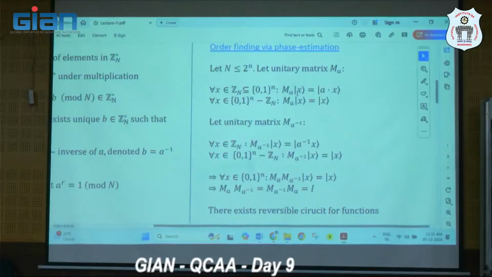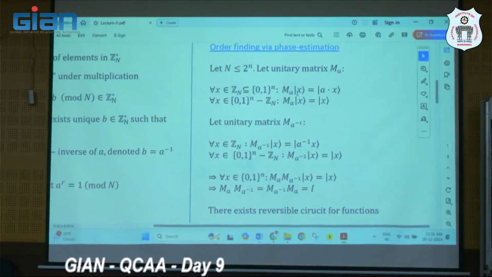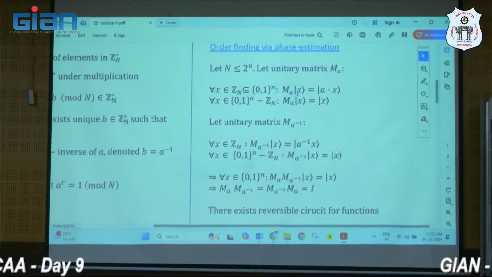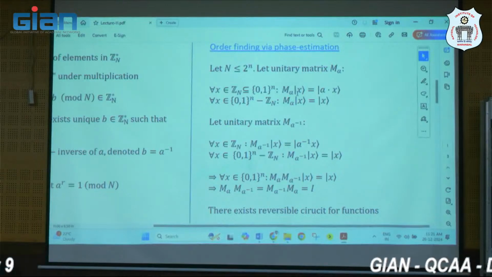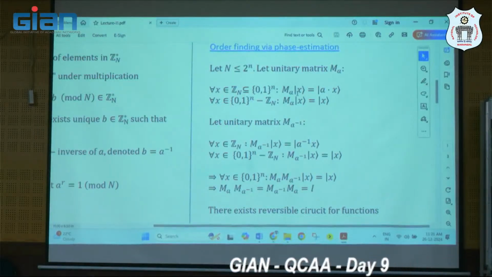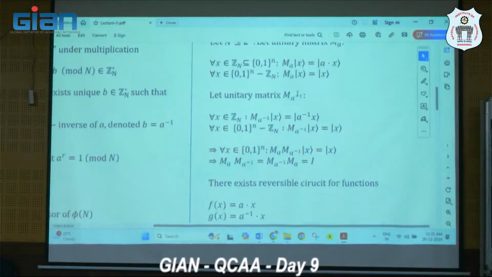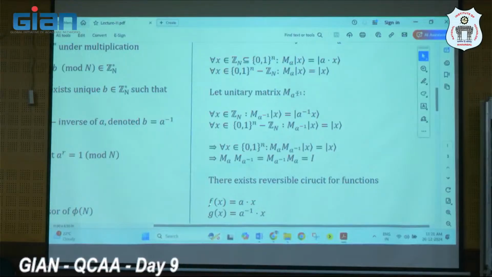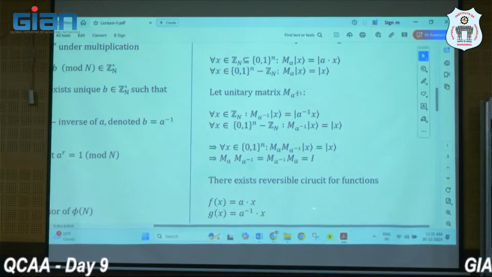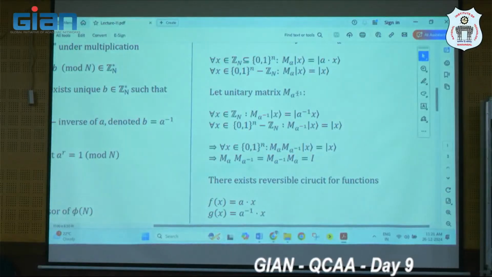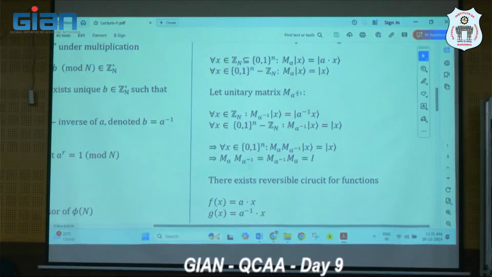Okay. Now remember our discussion about reversible circuits. What did it tell us? This function f of x equal to a times x is a reversible, one-to-one function. G of x equal to a inverse times x is also a reversible function, correct?